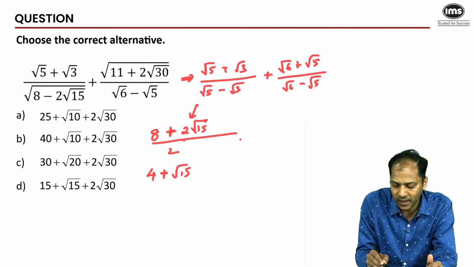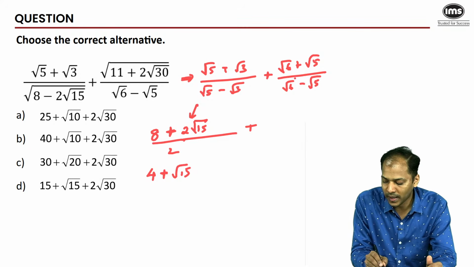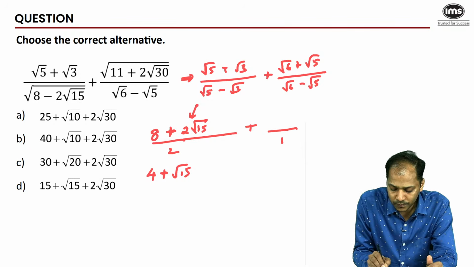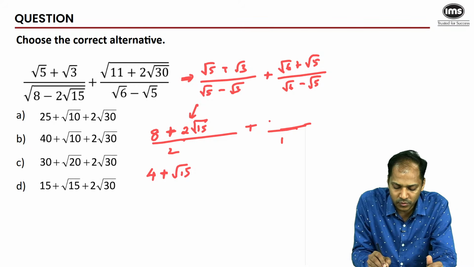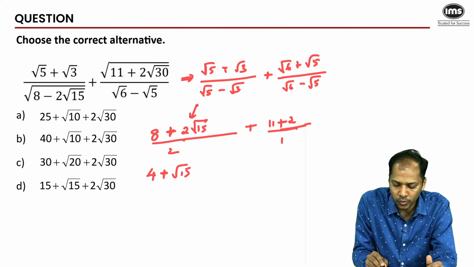Whereas for this one, the denominator would be 1, but the numerator would be a plus b the whole square, so a square plus b square, 6 plus 5 would be 11, plus 2ab, so that will be 2 into root 6 into root 5, that's root 30.